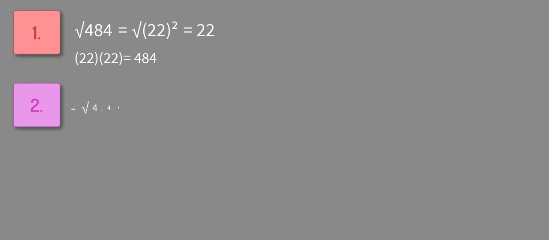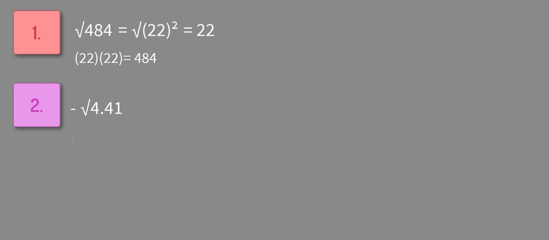Same thing with number 2. It might not be recognizable at first. We do see the negative sign on the outside of the radical, so we know that we're going to have a negative answer. And again, by trial and error, if you tested the numbers for the first problem, you might have seen that 21 times 21 is 441.